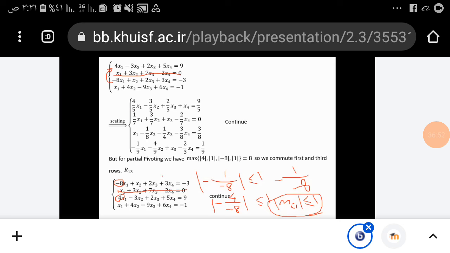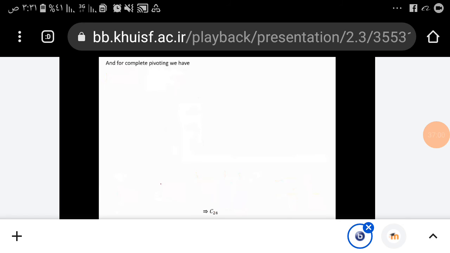And finally, you can continue to do Gauss elimination. Finally, we do complete pivoting.